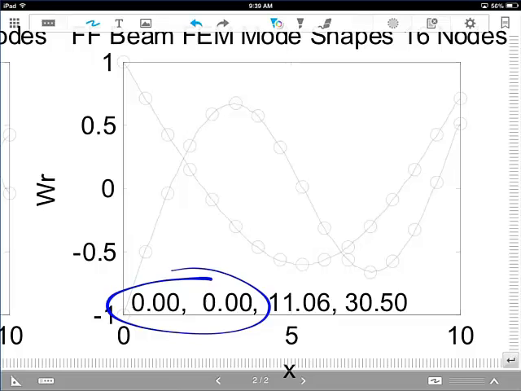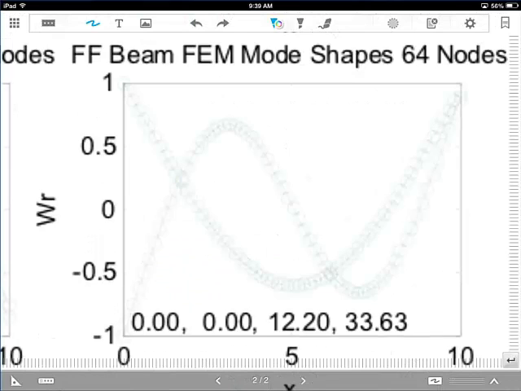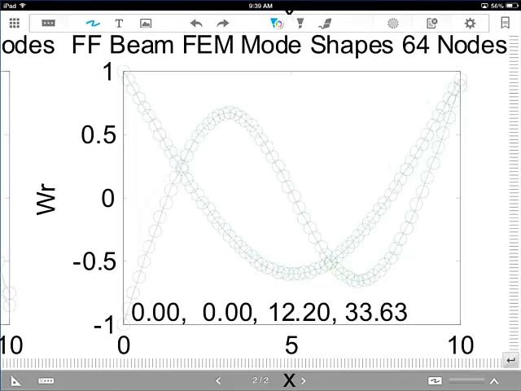So eventually, if you go down here to 64 nodes, you can see you don't really need to interpolate here. There's not much in terms of interpolation. Also, some of these look a little funky, interpolation things here. I don't know if you zoom in there.